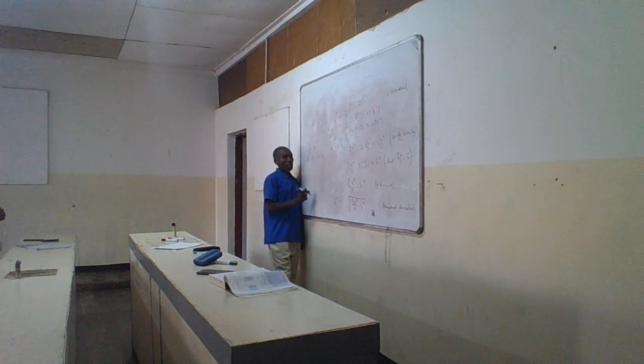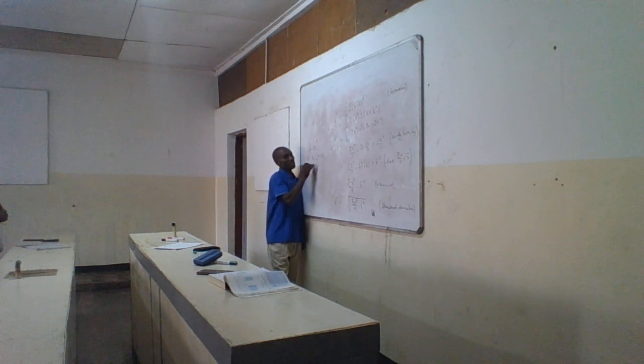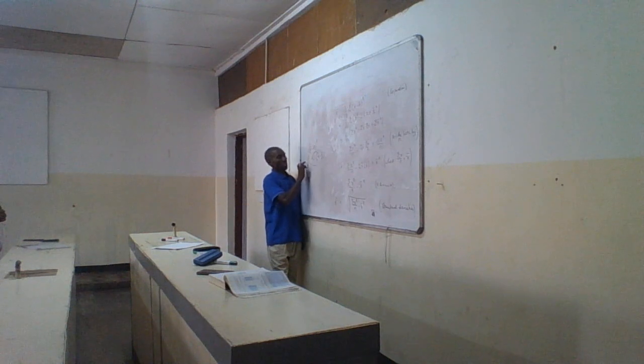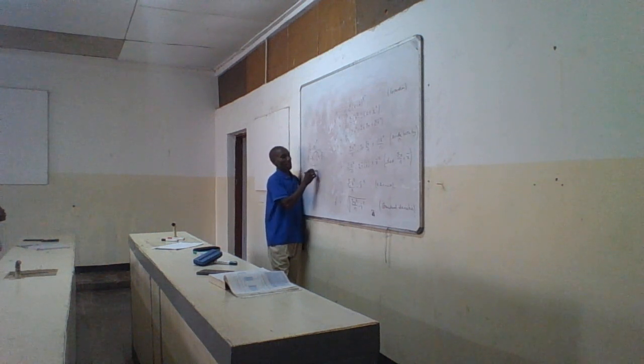When you expand, you are doing something like this. A times a is a squared. A times b is ab. B times a is ab.